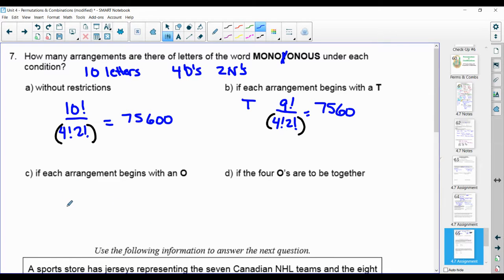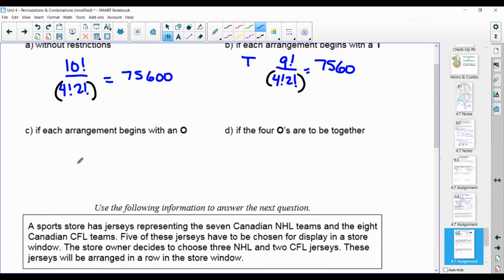What if the arrangement, though, has to begin with an O? O is one of our repeating letters. So we still take O out of the scenario, and that leaves us with 9 letters. 9 factorial, but now we only have 3 O's because we've taken 1 out of the equation.